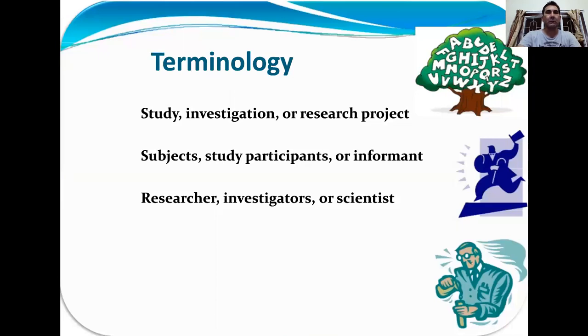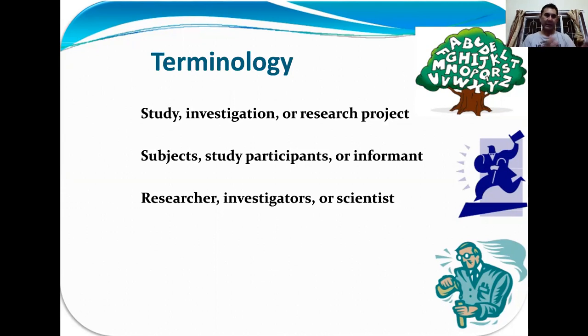In the lecture sessions we will come across different types of terminology, like study, investigation, or research project. These are three terms: study, investigation, and research project. They are used interchangeably with each other. The study is an academic activity in which you learn something.